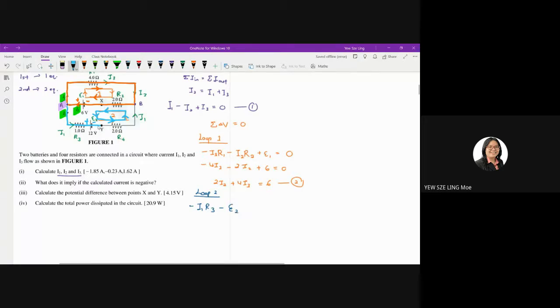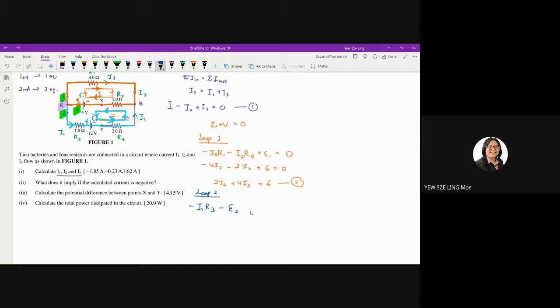Okay, and then I keep traveling, and now I've come to R4. R4 once again, loop is going to the right-hand side, and current is also going to the right-hand side. Both current and the traveling direction of the loop are pointing toward the same direction. Therefore, I have a potential drop again.